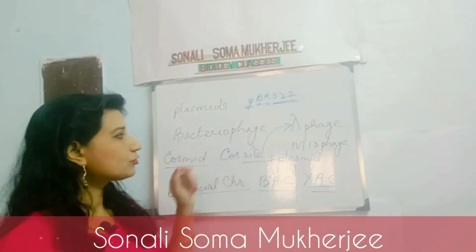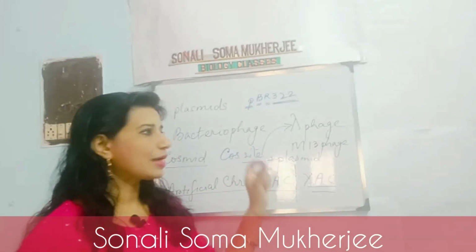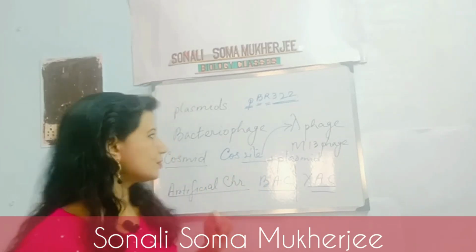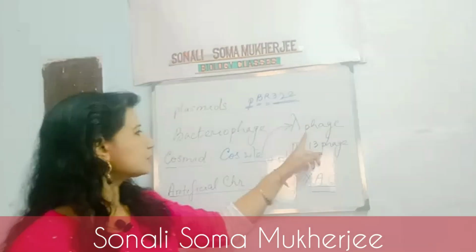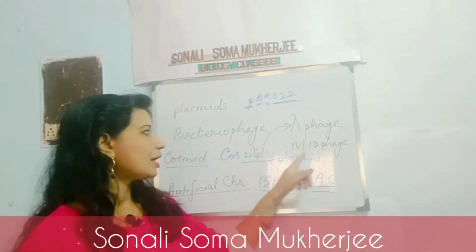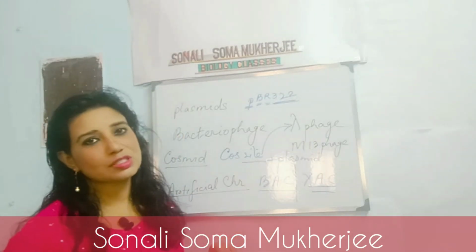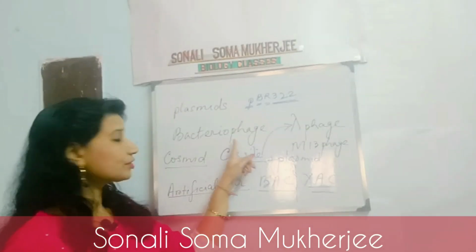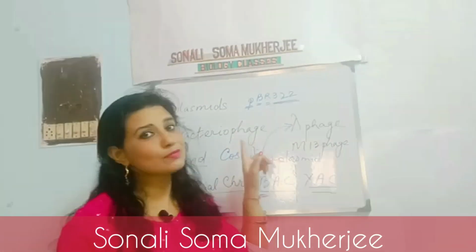Then comes bacteriophage, which is able to carry a slightly larger genomic or nucleotide sequence, and in that case the lambda phage and the M13 phage are considered. Bacteriophage is the name of the virus that infects bacteria.